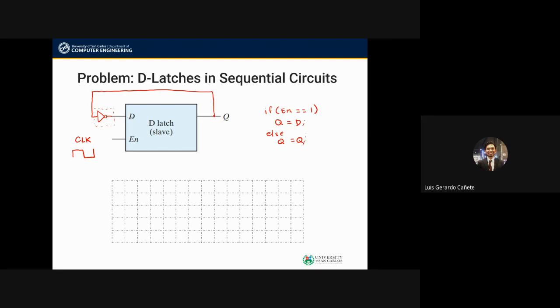So I have here a graph, something like a graphing paper, and let's try to analyze what this will do if we used a clock and we used a D-latch in our sequential circuits. So the clock, as we talked about, would probably look something like this, right?